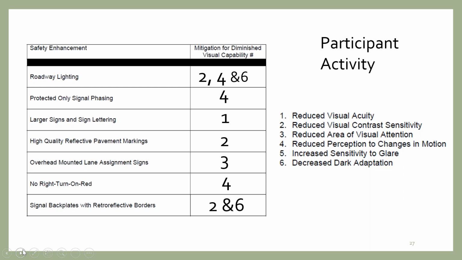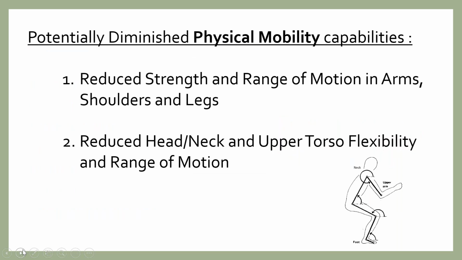So these are just some examples of safety enhancements. We're going to actually talk about most of these coming up, but I wanted to make that quick correlation to simple things that we do and how it relates to ways that we can try to overcome our natural diminished abilities in vision.